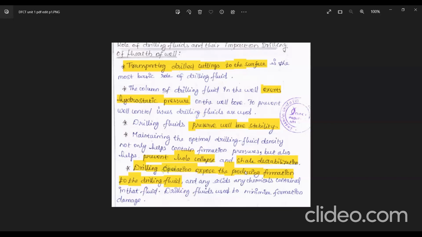Drilling operation exposes the producing formation to the drilling fluid, and any solid chemicals contained in that fluid are also going to create damage. So drilling fluid is used for holding the drill bit, collecting the cuttings, maintaining the hydrostatic pressure, stopping the kick, balancing the formation fluid pressure, and enhancing the well.